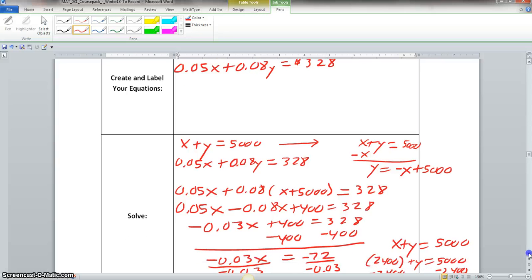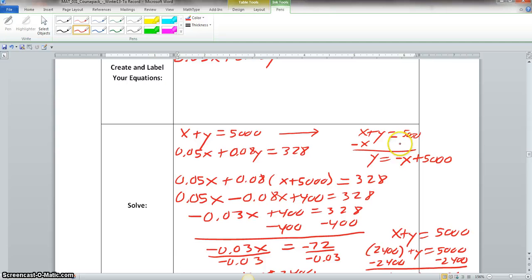So I subtracted x on both sides, even though the x isn't shown here, but I subtracted x on both sides, and that gave me y is equal to negative x plus 5,000. So I took this value here and substituted it in this equation here. So we were supposed to take 0.05x, 0.08 times negative x is a negative 0.08x, and 0.08 times 5,000 is 400. And you bring down your 328.